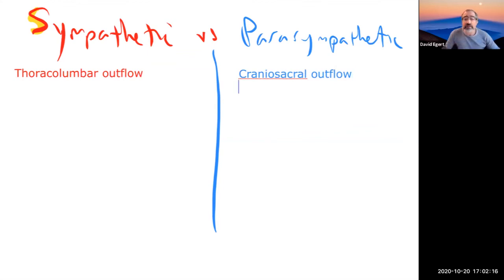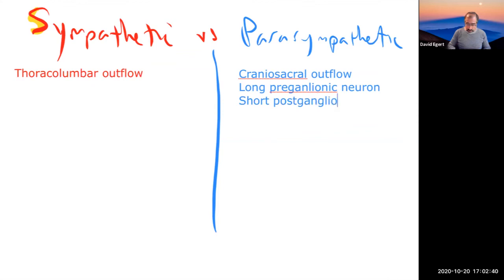Another big difference is the length of the pre and post-ganglionic neurons. Parasympathetic, you have a very long pre-ganglionic neuron and short post-ganglionic neuron. What that means is the ganglion is right near the target organ.